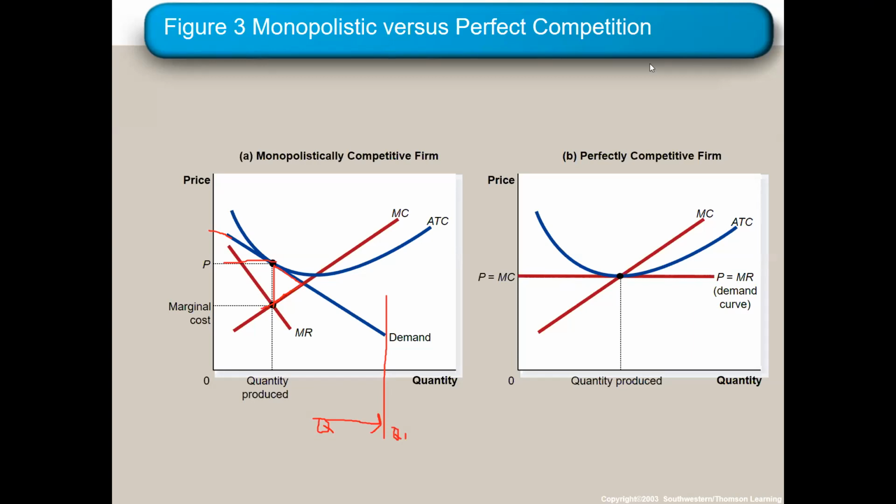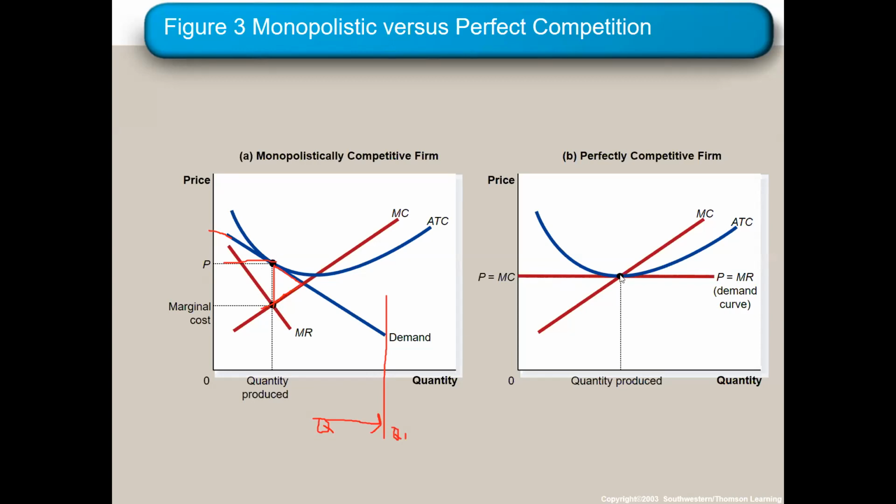Then he talks about markup. In perfect competition, if you look, price equals MR equals MC. In the markup in monopolistic competition, MC equals MR up to demand, so price is higher.